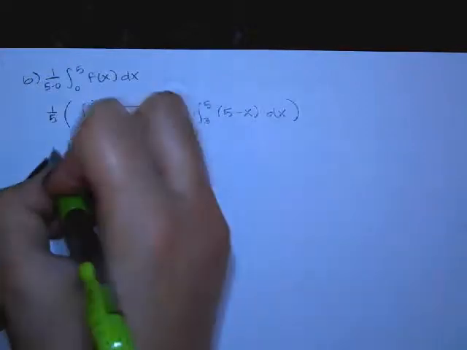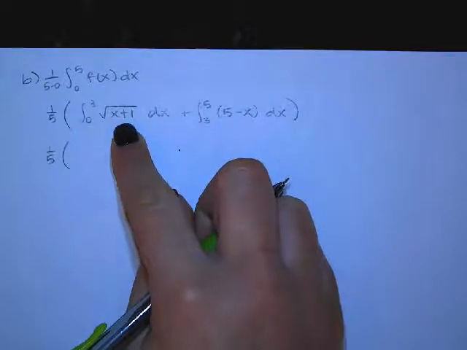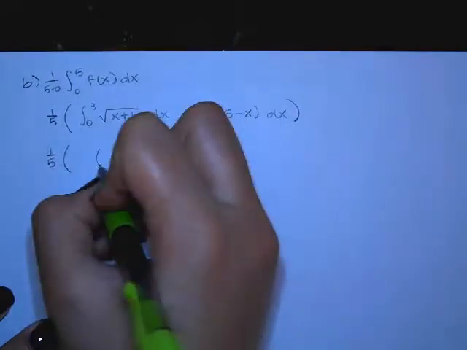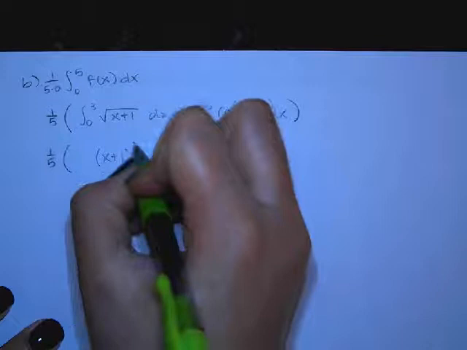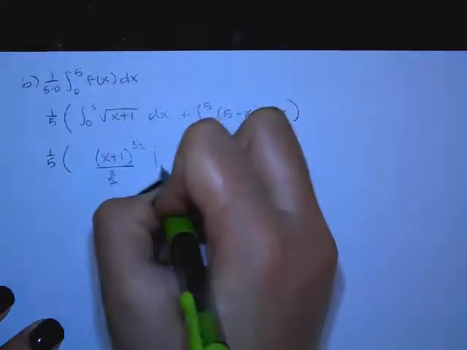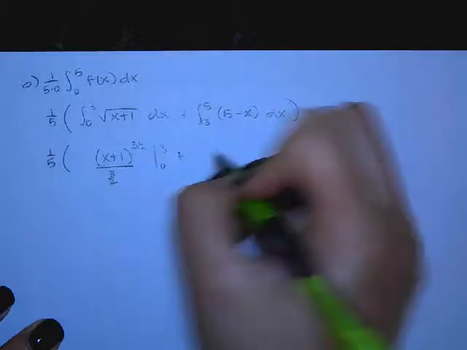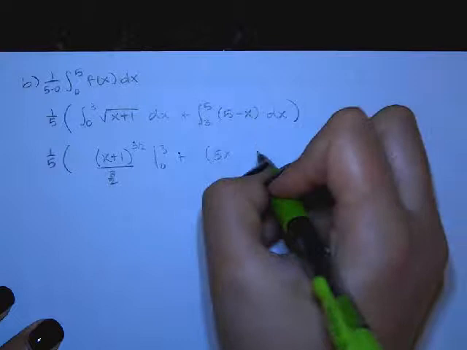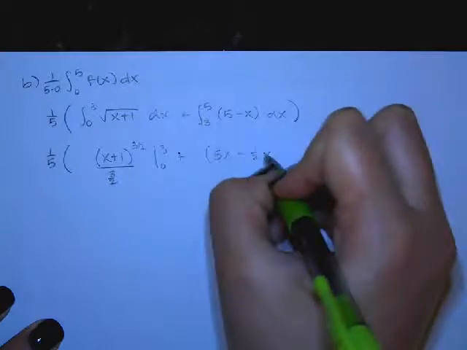Okay, so for the first part, you could do this using U substitution, but you don't really need to because the derivative of the inside is just 1. So I'm just going to go ahead and say this is x plus 1 to the 3/2 divided by 3/2. And then I've got 5x minus 1/2 x squared.